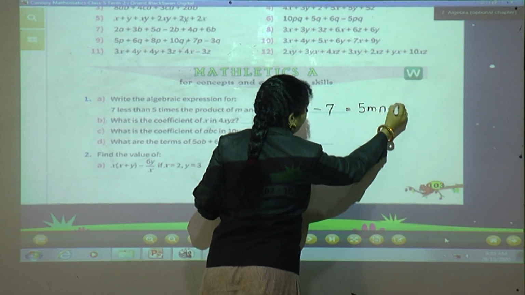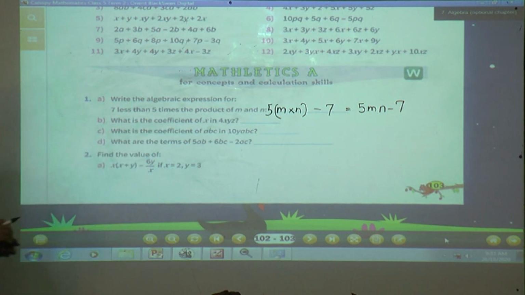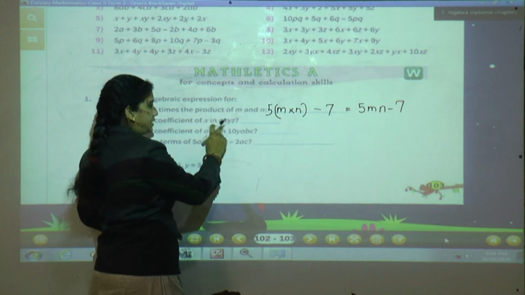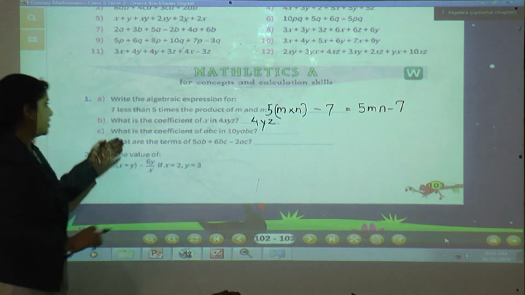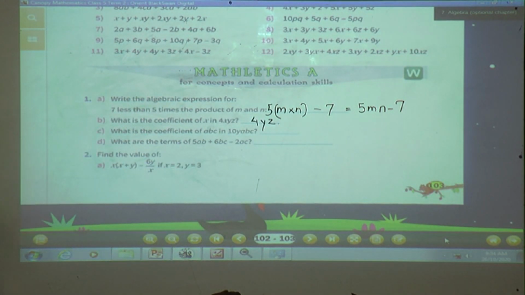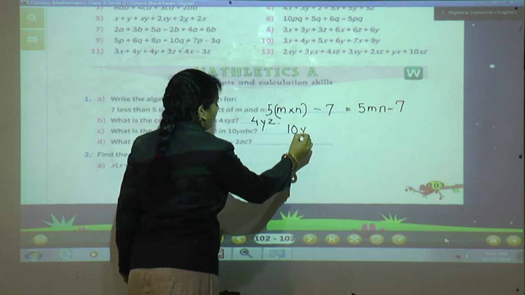Again, what is the coefficient of x in 4xyz? So all of you know coefficient, yeah, 4yz. Here, what is the coefficient of ABC in 10y ABC? Yes, tell me the answer. Yeah, very good, 10y.